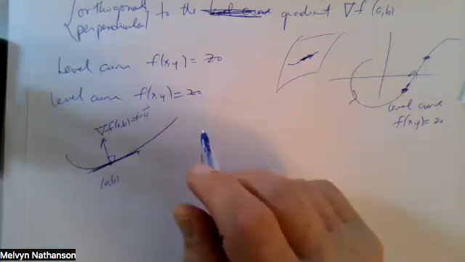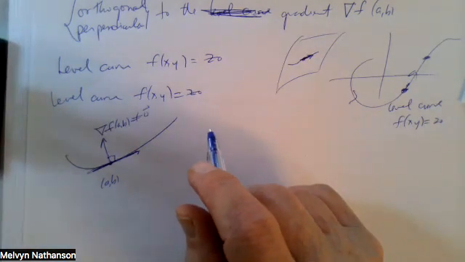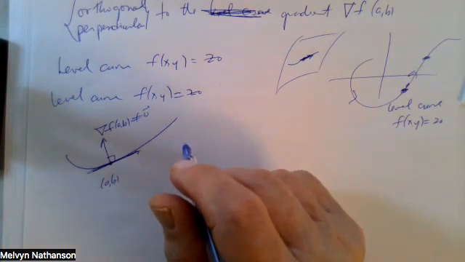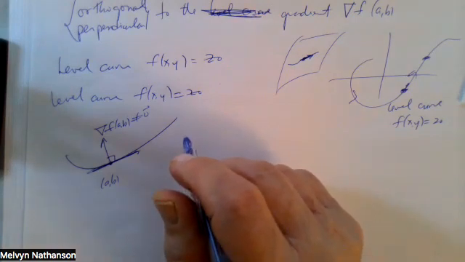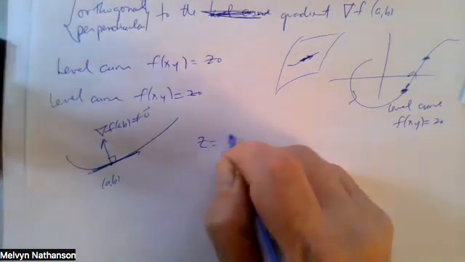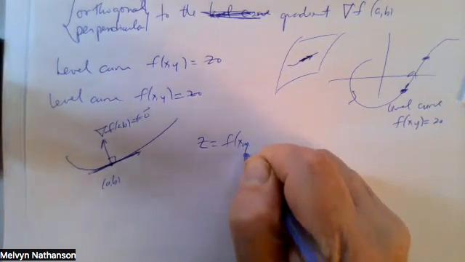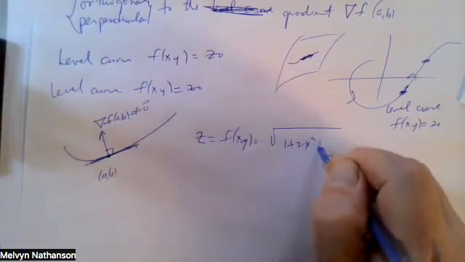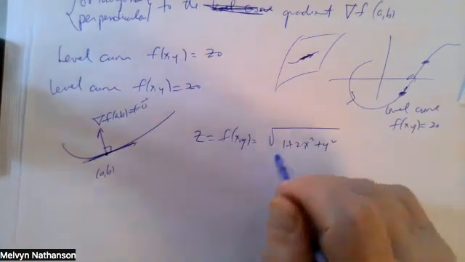This is an example from the text. This is example 6 on page 967. Suppose we have the function z equals f(x, y) is the square root of 1 plus 2x squared plus y squared.